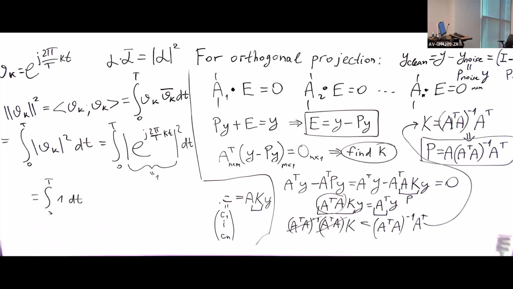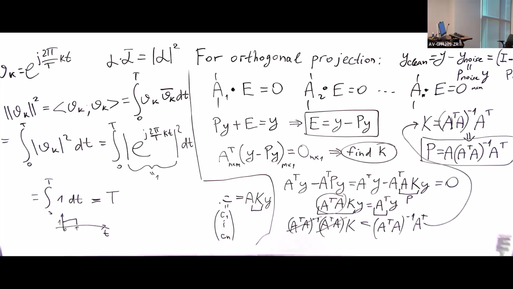Regardless of what is here, doesn't matter for any k. So what is that? The integral of 1 on the interval from 0 to T. Remember how you compute that? You have 1, from 0 to T. It's the area of the rectangle.